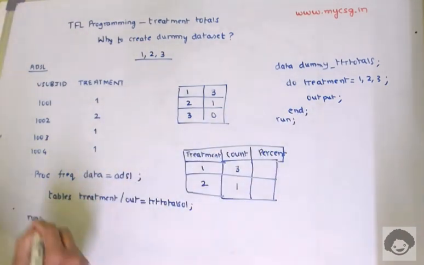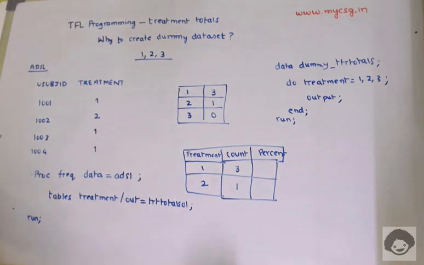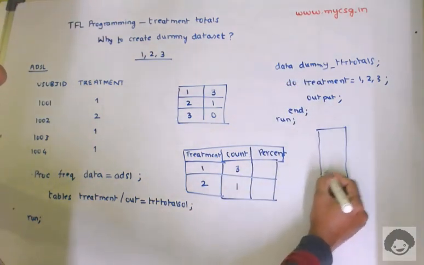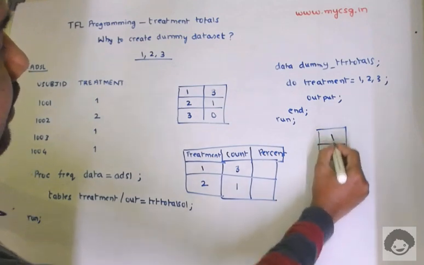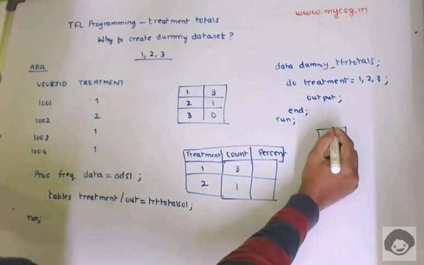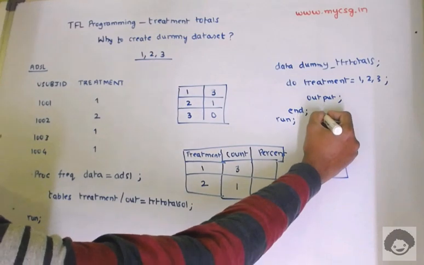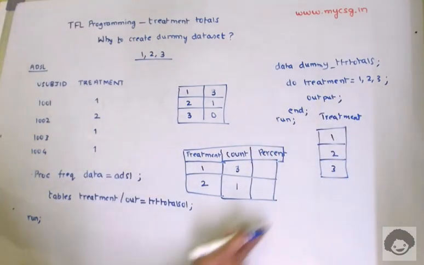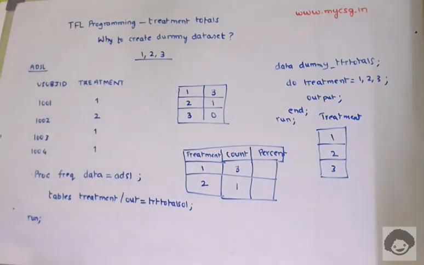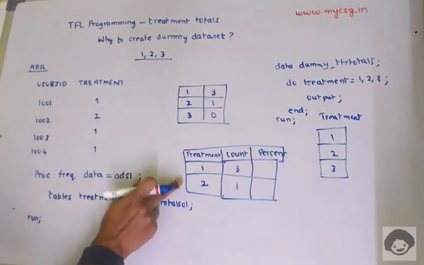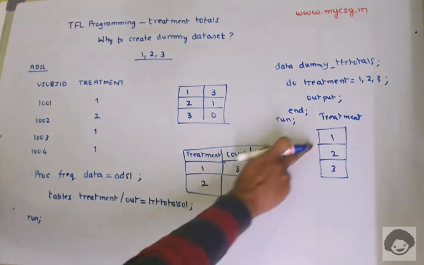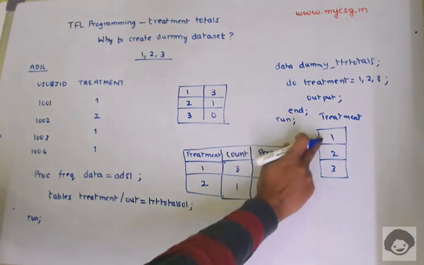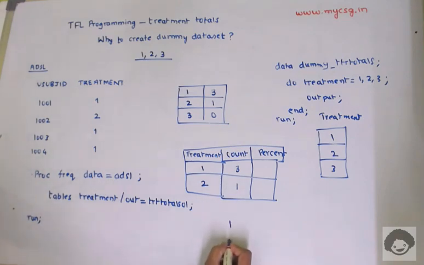So what is happening here? We are creating a data set with 3 rows, 1, 2 and 3, in the variable named treatment. We merged this data set to the actual counts data set based on the treatment variable, and we did a full merge. So it will give us 1, 2 and 3.